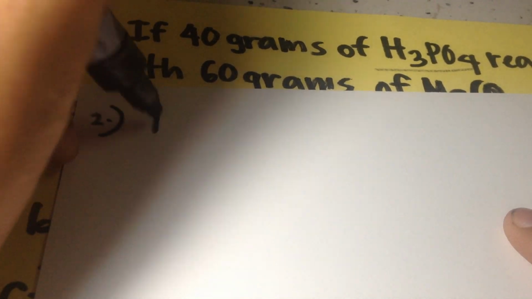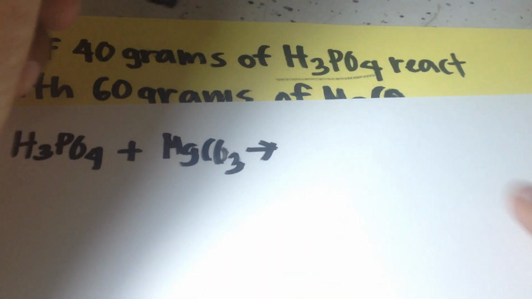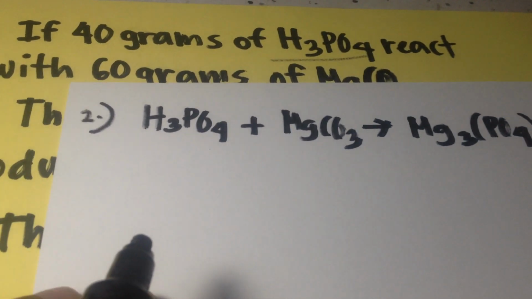Phosphoric acid plus magnesium carbonate reacts to magnesium phosphate plus carbon dioxide plus water.